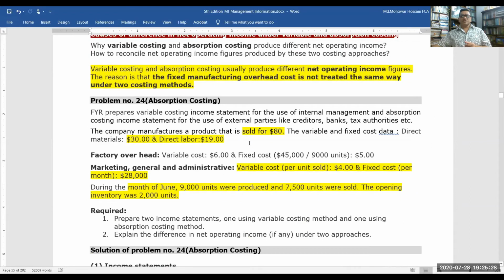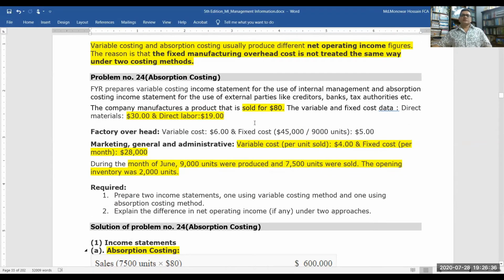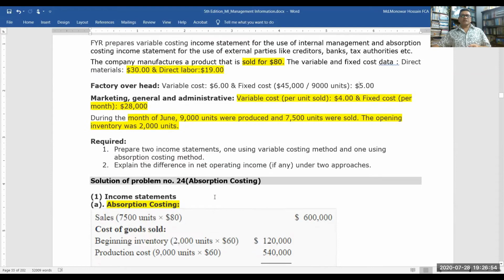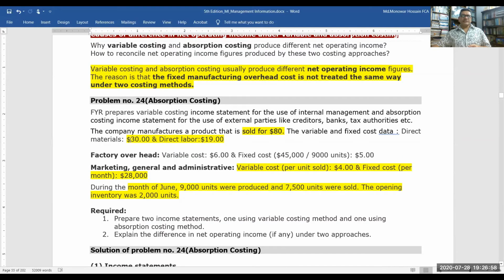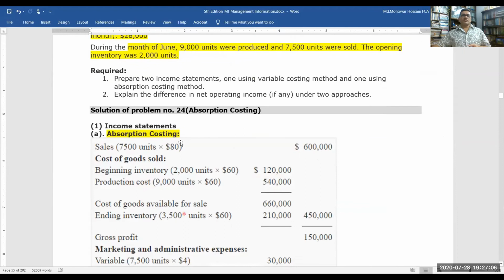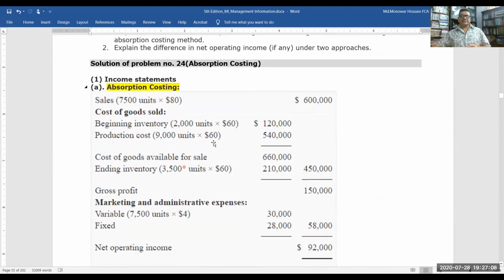So what is the production cost? Look here, how come 60? Under absorption costing: 30, 19, 6, 5. So the production cost is direct material 30, direct labor 19, variable cost 6, and fixed cost 5. All of it goes into the product cost under absorption costing, which is 60.